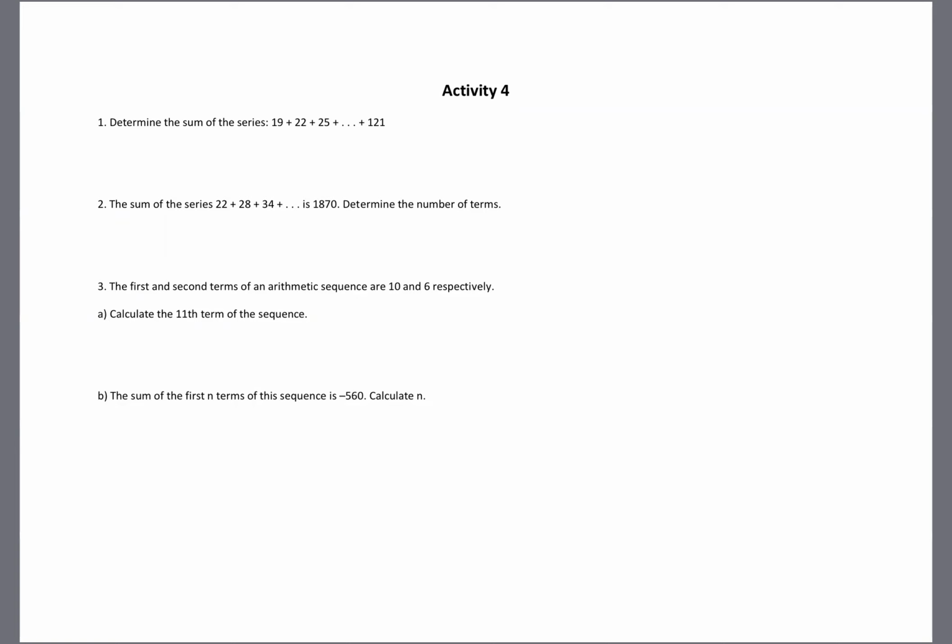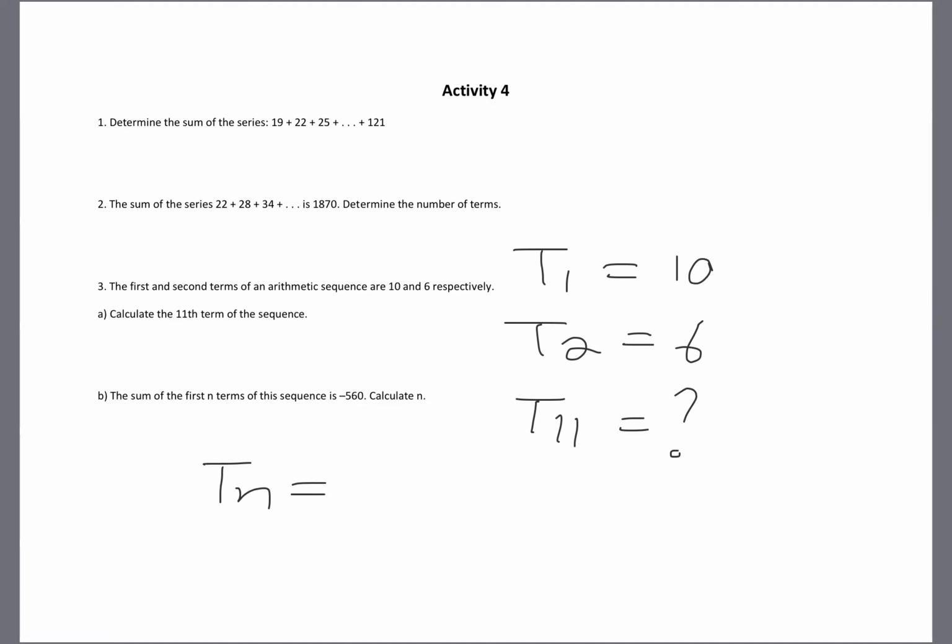So they're basically telling you that T1 is equal to 10 and T2 is equal to 6. And they want T11. So we go to our general formula, which is Tn is equal to a plus n minus 1 d, right?